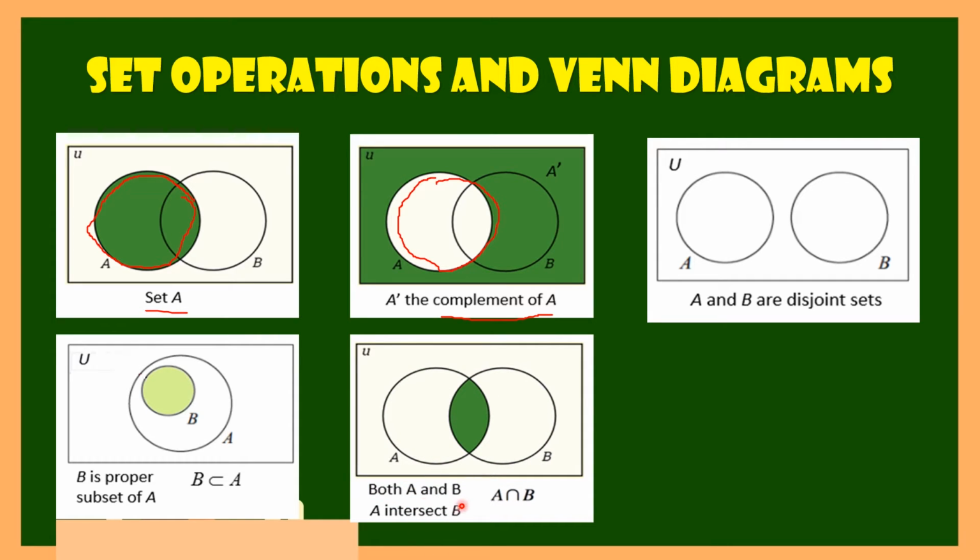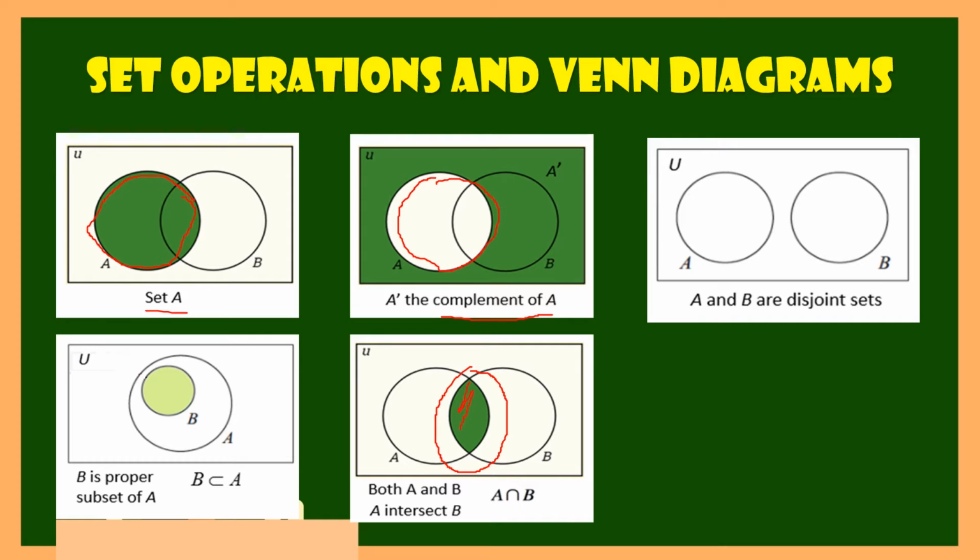Then, fifth picture. Both A and B, which is A intersect B, or this is the symbol for intersection. Alam naman natin na pag intersection, ano daw yung common elements nila. So, ganito tayo mag-represent ng Venn diagram when we say intersection.